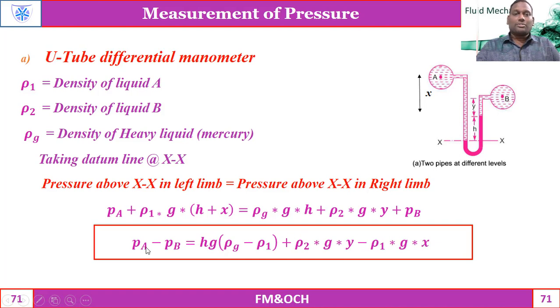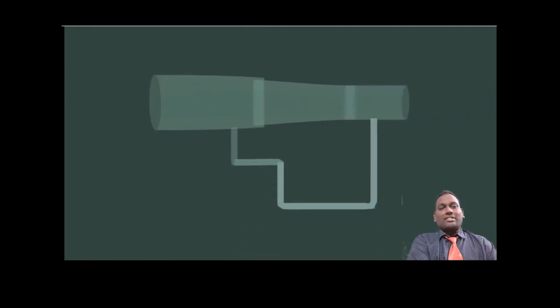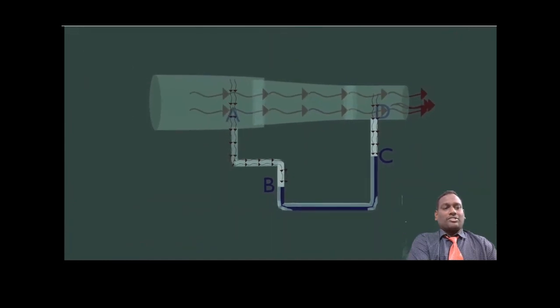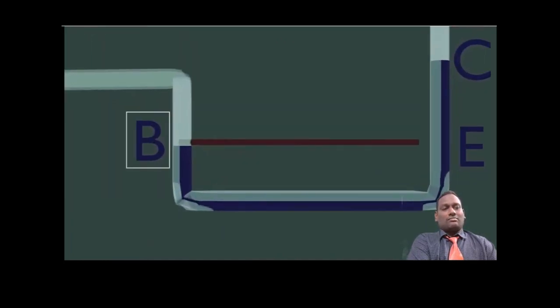With this substitution we are able to calculate the pressure difference between PA and PB when the two pipes are at different levels. It is used to determine the pressure between two points in a closed fluid system. It measures the pressure difference between A and D. It contains a heavy liquid at B and C. When fluid such as air enters the tube, there is a pressure difference between A and D. The air also flows between pipes AB and DC, which creates pressure on the heavy liquid.